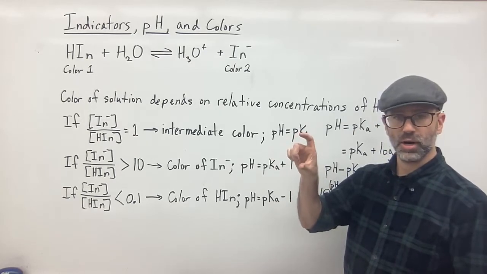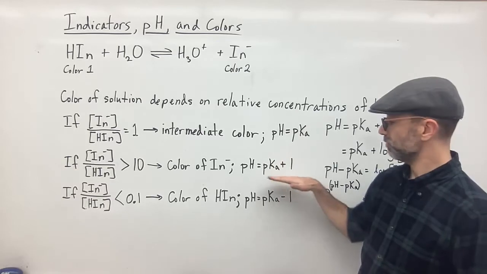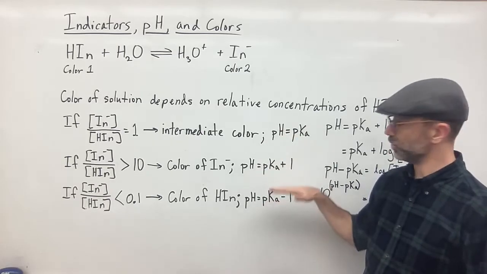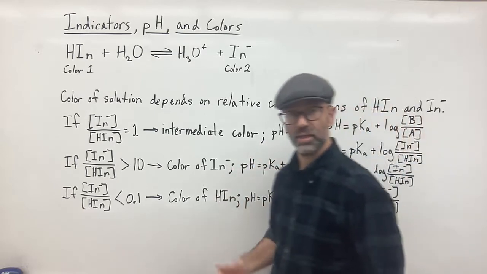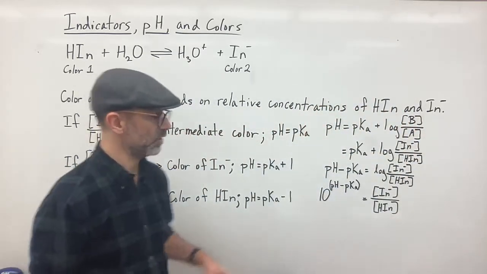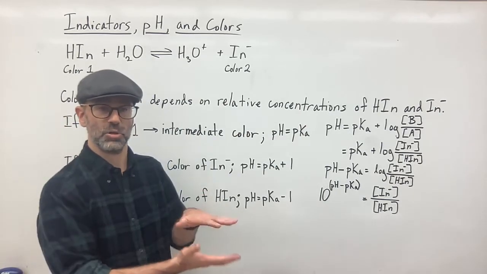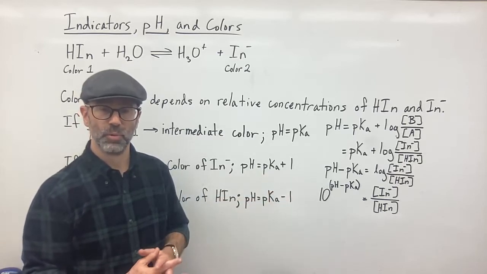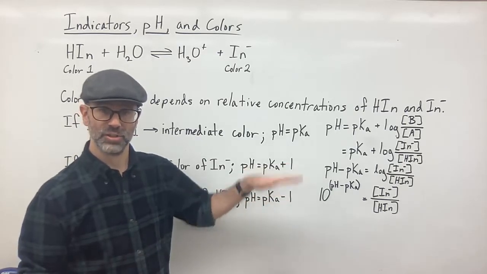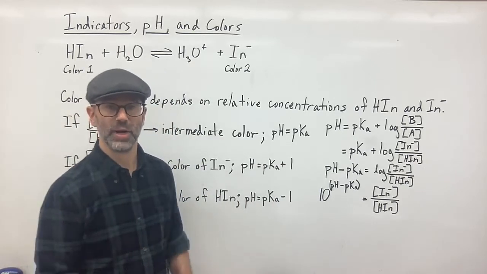So the pKa plus or minus 1, if the pH changes within that range, you're going to get that color change there. So that's how the indicators work. And so you can choose an indicator that you know has a certain pKa, and if you have an idea of where the equivalence point is and where that pH is going to change, you can choose an indicator that would change within that range.